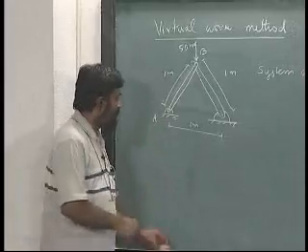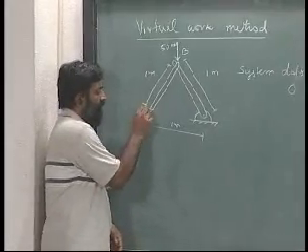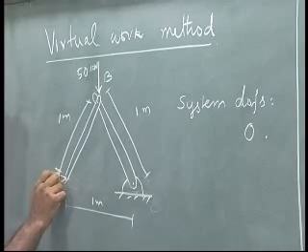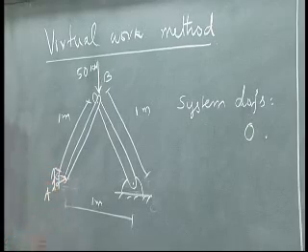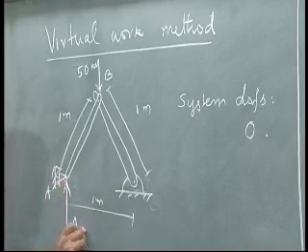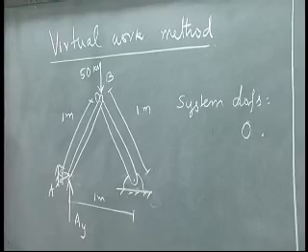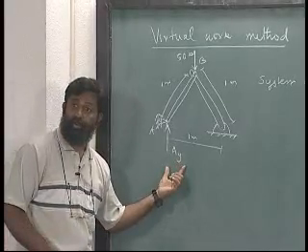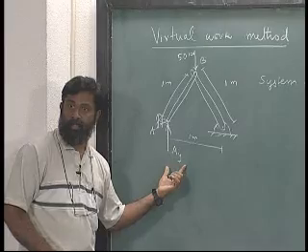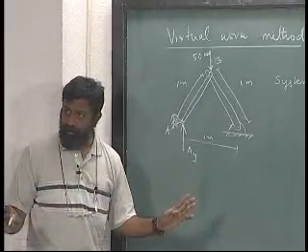Supposing I release this and let it have a vertical degree of freedom and I apply a force AY, is this body in equilibrium? The answer is yes, if I have found out AY properly. But is it kinematically stable?